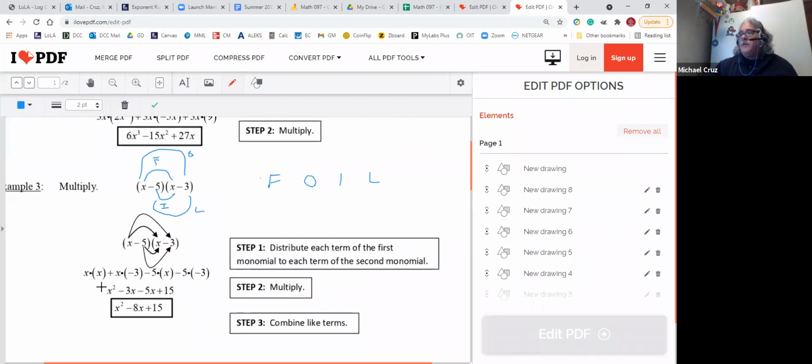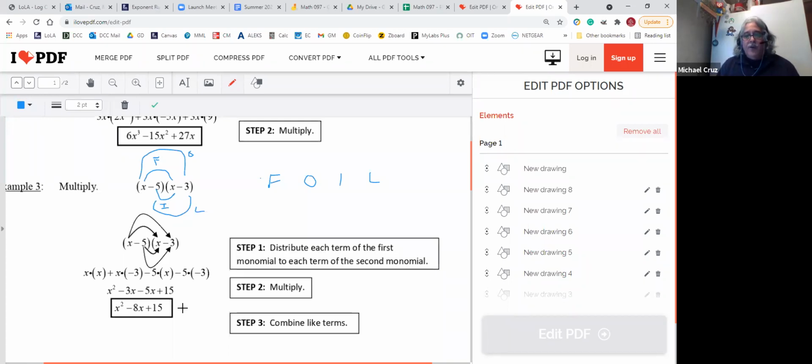All right. So x times x is the first one, x squared. X times negative 3 is negative 3x. That's the first one's done. Then you're taking the negative 5 times the x, which is the inside, negative 5x. And then negative 5 times negative 3 is positive 15.